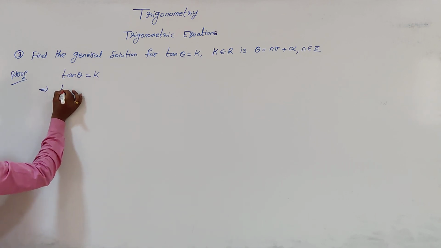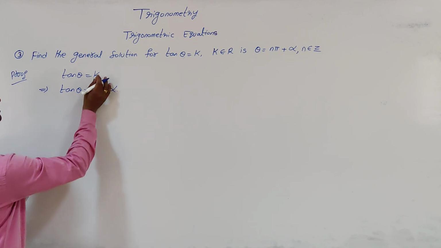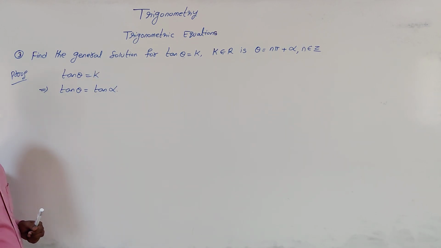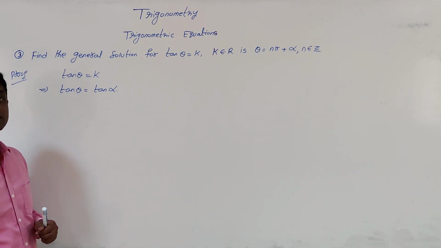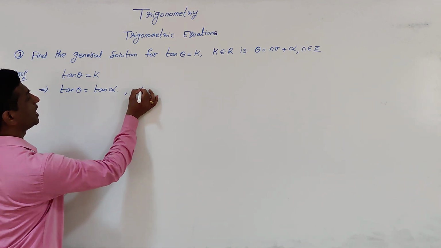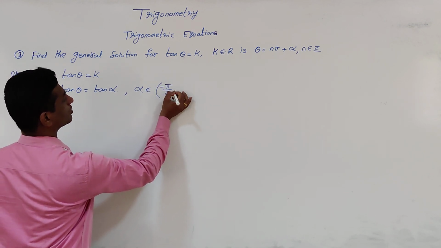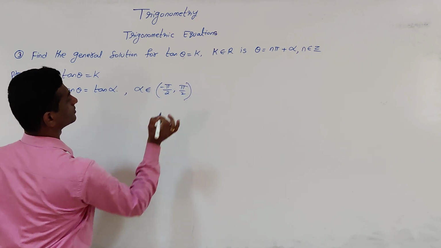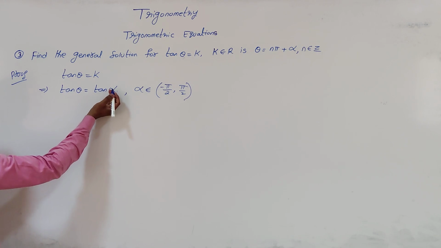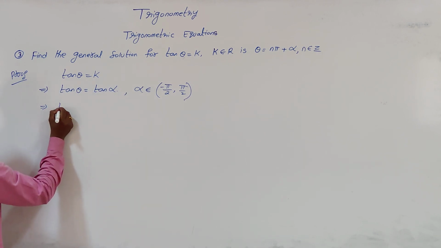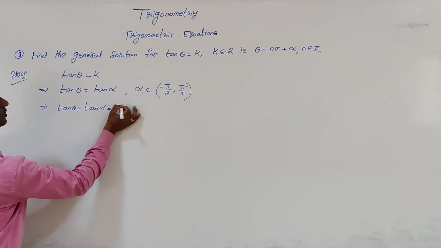So tan theta is equal to tan alpha, means for every value of k there exists a unique alpha such that tan alpha is equal to k. Alpha is a principal solution that lies in the open interval minus pi by 2 comma pi by 2. If we bring it to the left hand side, then it will be tan theta minus tan alpha is equal to 0.